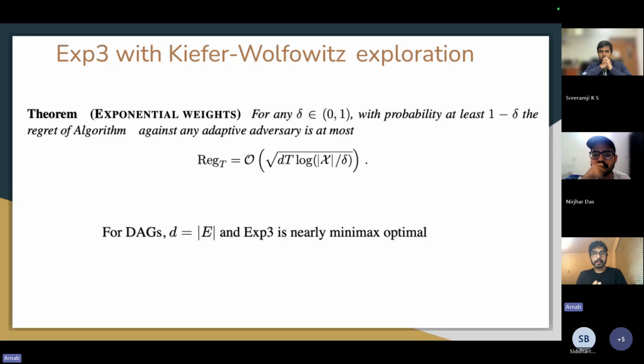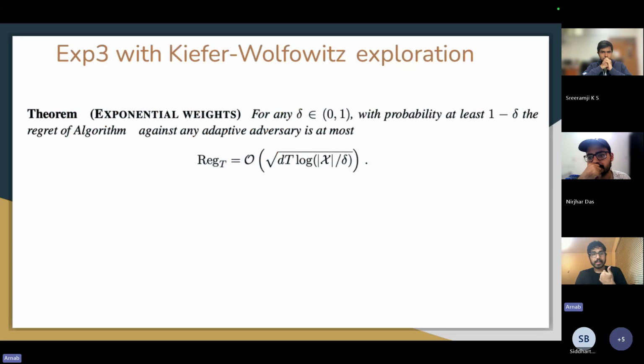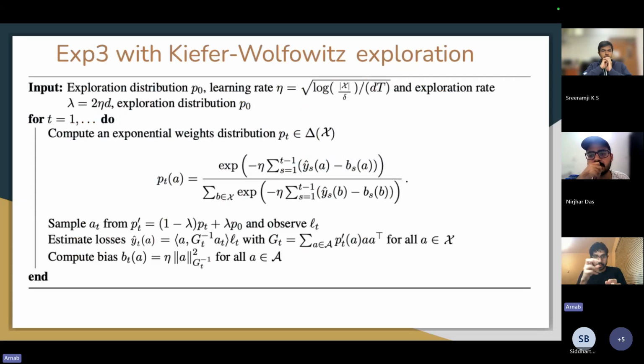But the issue is that there's no known efficient implementation of this algorithm, because again, you are doing exponential weights over every path, and there are some additional components here, like computing this bias, which makes it, at least for now, an open question how you come up with an efficient implementation.